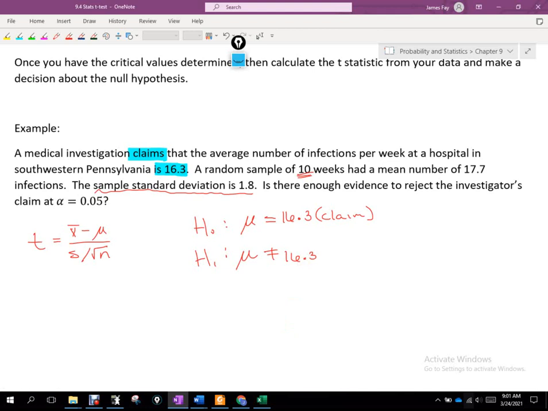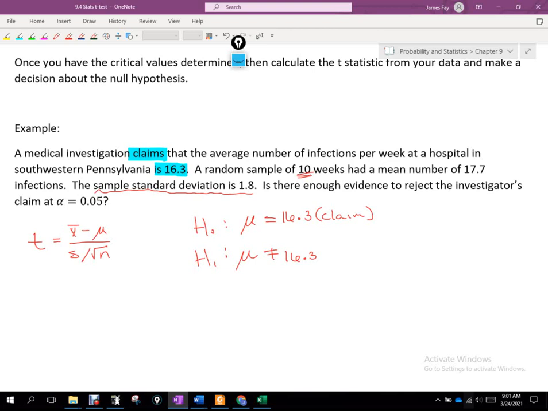Now, several weeks ago, I think it was Blaze who asked this question about when it's not equal to, do I know whether it's above or below? Our data should actually tell us when we go through this, based on the z-score, or sorry, the t-score that we get back, whether we are different than 16.3, and that being above 16.3 or less than 16.3. Does that make sense? Just the size of the t-score that we get.